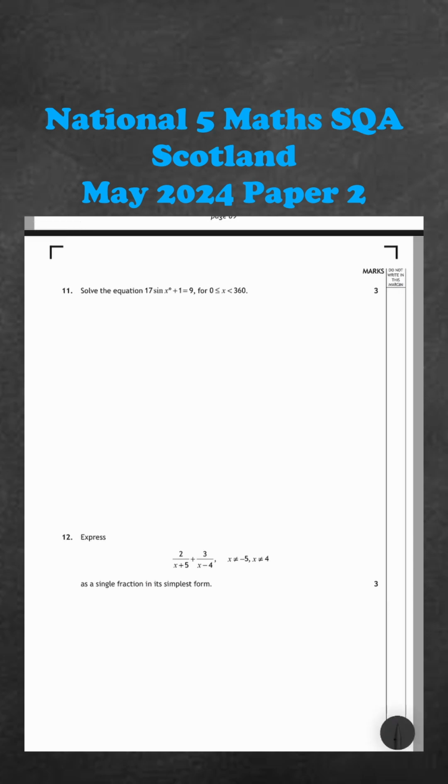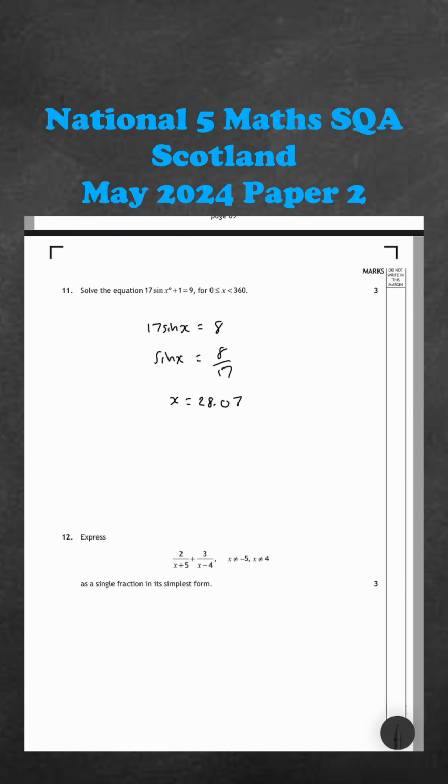Question 11. Solve the equation 17 sine x plus 1 equals 9. Let's take the 1 onto the other side straight away, to get 17 sine x equals 8. Divide both sides by 17, you get sine x equals 8 over 17. I'll do on my calculator sine minus 1 of 8 over 17, and I get 28.07.